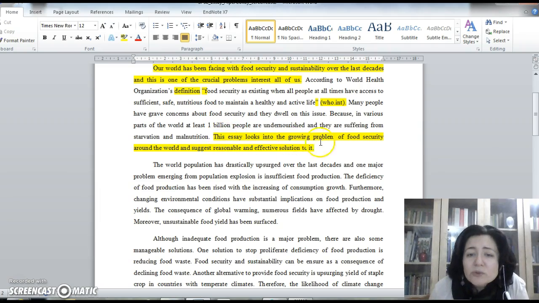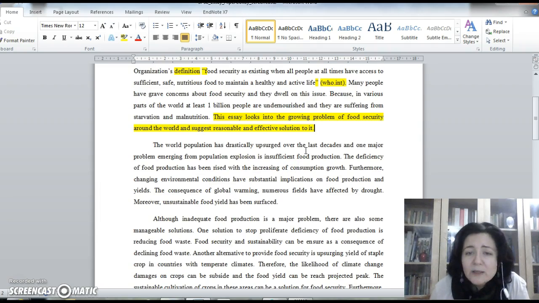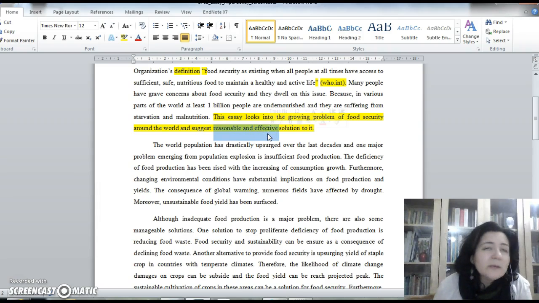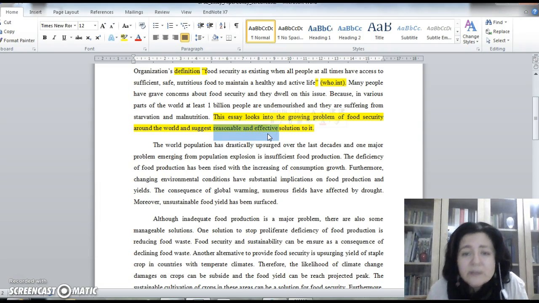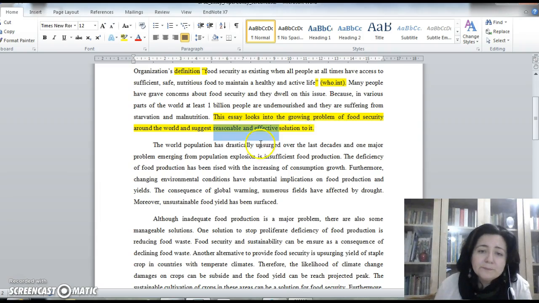This essay looks into the growing problem of food security around the world and suggests reasonable and effective solutions to it. So, now, I understand that the following paragraphs will involve the discussion of problems of food security and solutions, and probably an evaluation paragraph that discusses how reasonable, applicable, or effective these solutions may be.